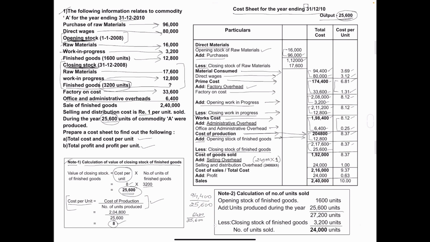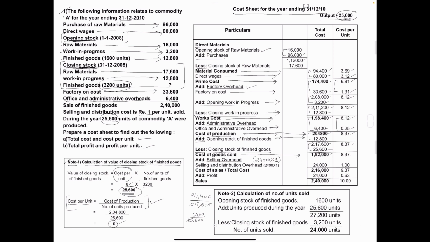Now from 2,17,600 minus 25,600, you will get 1,92,000. And this is called cost of goods sold.